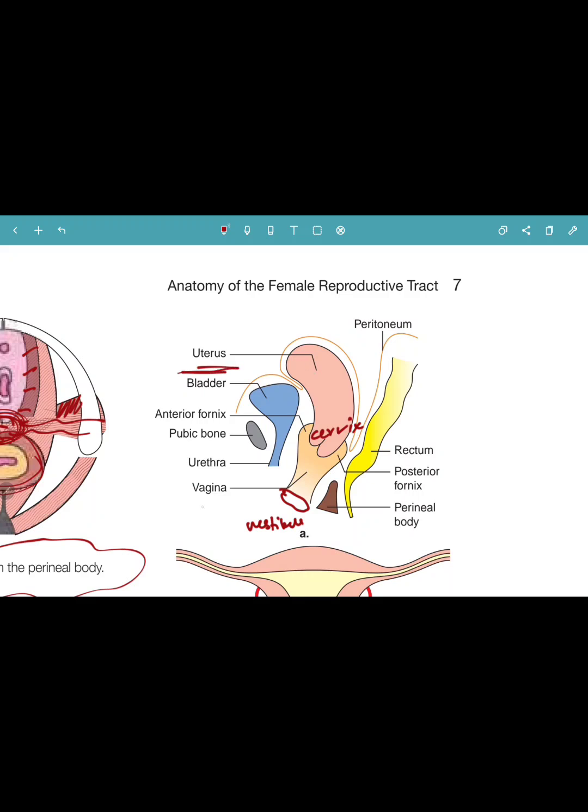This is your vagina, and this is your anterior fornix. See, it's a gutter. These are the two gutters that are formed. This region is your anterior fornix, and this is going to be your posterior fornix.